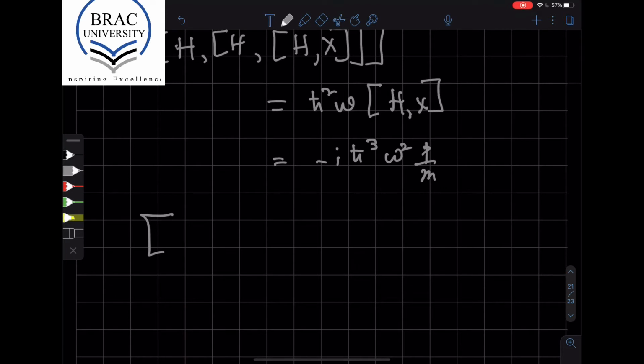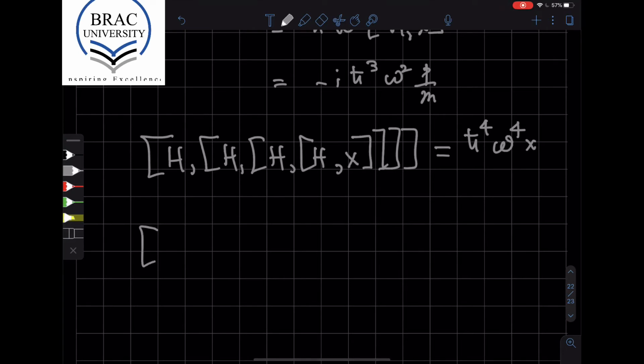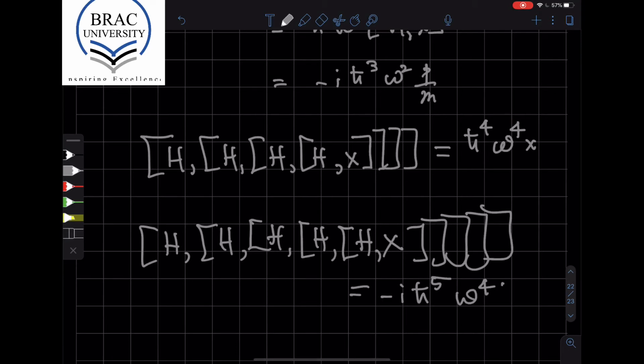So similarly, if we now do 4 nested commutators, you can work out this is going to be h bar to the power 4 omega to the power 4 times x. And then we can do 5 nested commutators. I promise I'll stop after this one. And this will be minus i h bar to the power 5 omega to the power 4 p over m.